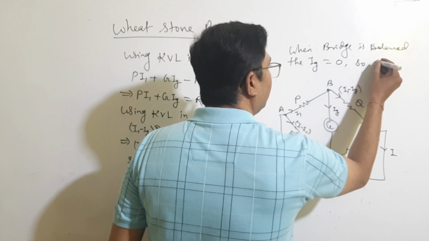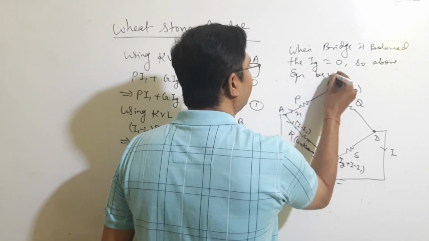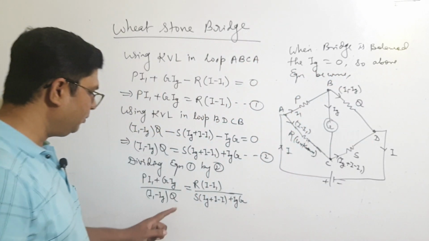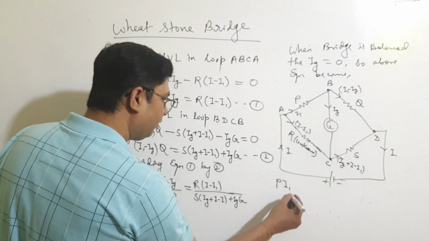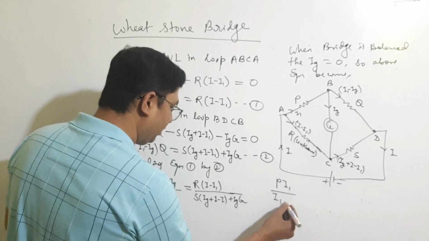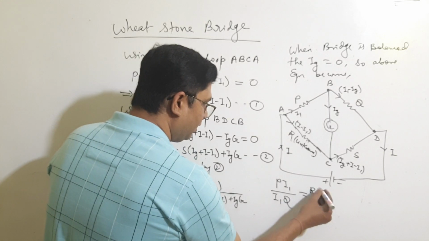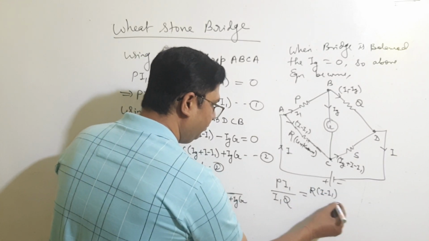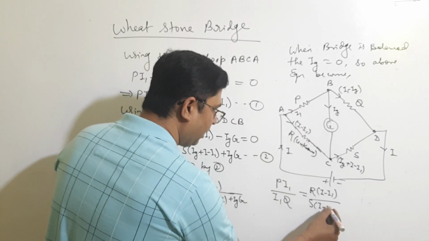So what does the above equation become? Here Ig is equal to 0, so in the numerator you have P I1, and in the denominator you have I1 into Q. On the right side you have R (I minus I1), and in the denominator, since Ig is 0, we have S (I minus I1).